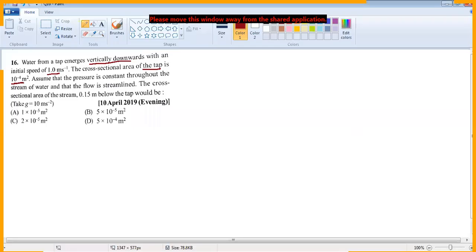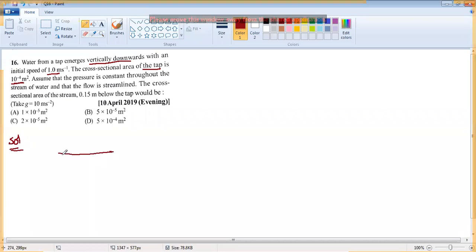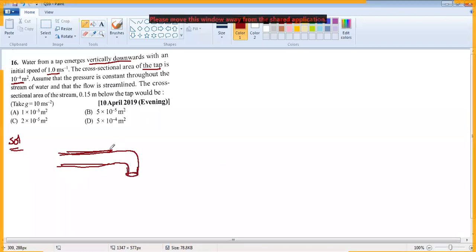So just look at the question. Water from a tap emerges vertically downwards with an initial speed of 10 meters per second. Try to understand the question. Now this is the tap, and the tap is opening here.